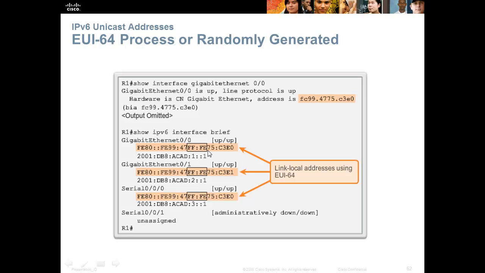Then we take the 7th bit, and in our case it's the C here, switch it from the 0 to the 1, and we come up with FE99. And we know that this is a link local address because it begins with FE80. Remember, whenever we see FE80, that should trigger to us that this is a link local type of address.